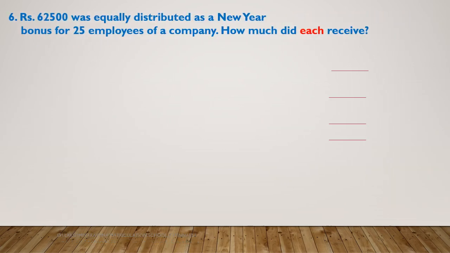The last sum of the exercise, rupees 62,500 was equally distributed as a New Year bonus for 25 employees of a company. So how many employees are there? 25 employees, and the total amount spent for the bonus is rupees 62,500.